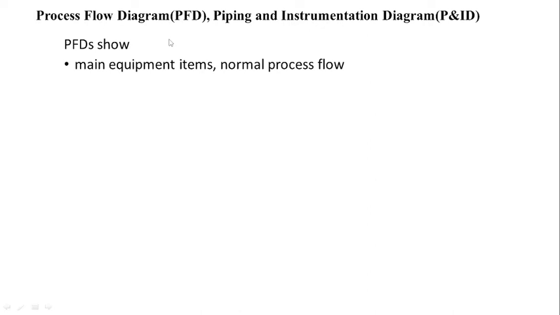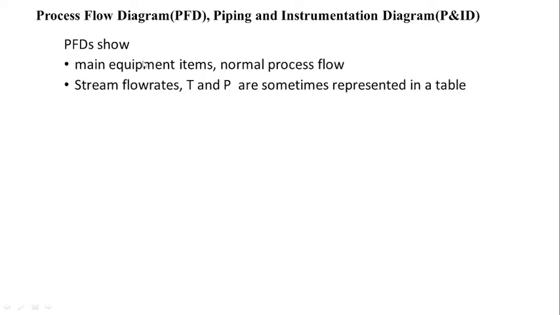Yes, so let us see the difference between a process flow diagram and a piping and instrumentation diagram. A PFD shows main equipment items, process flow, stream flow rates, temperature and pressure, which are sometimes represented in a table.